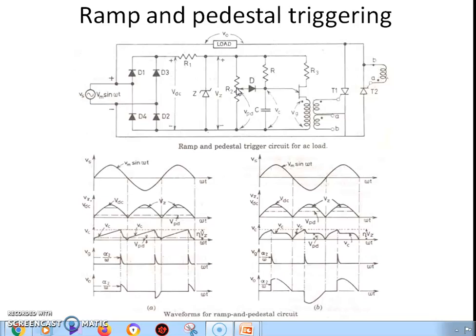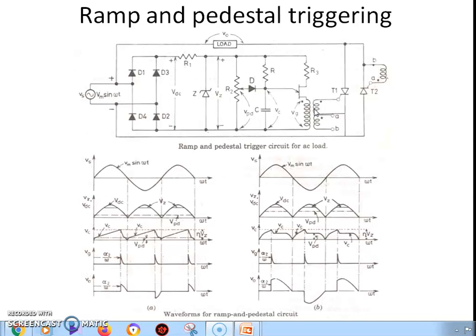When the wiper setting is such that VPD is small, voltage VZ charges the capacitor C through the resistance R. When this ramp voltage VC reaches eta VDD plus VD, the UJT fires and the voltage across the secondary of the pulse transformer is used to turn on the SCRs T1 and T2.